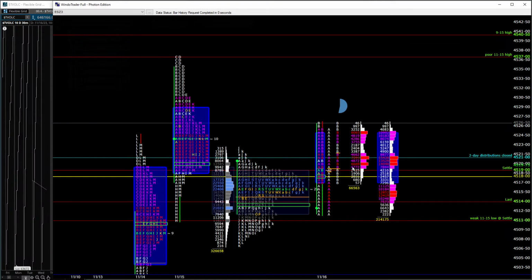So there's a lot of back and forth here at the opening. After this tremendous rally that is going on, there is some rebalancing in the odds here.